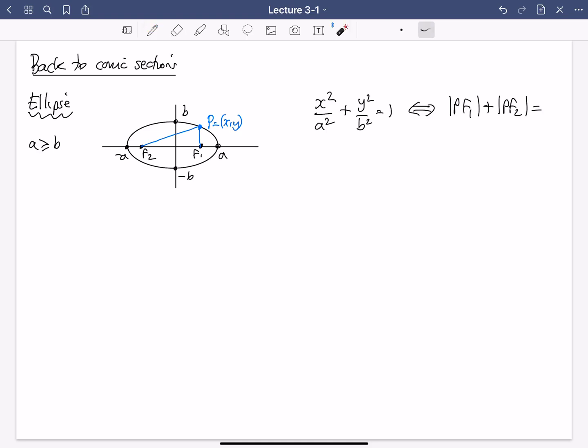And I think we just did talk about how to find that constant. If you think about that particular point on the x-axis on the ellipse, that was that distance from F1, that distance from F2, and it was the same as that. Oh yes, that was 2a. So the constant is 2a when you're using these a's and b's the way I am.